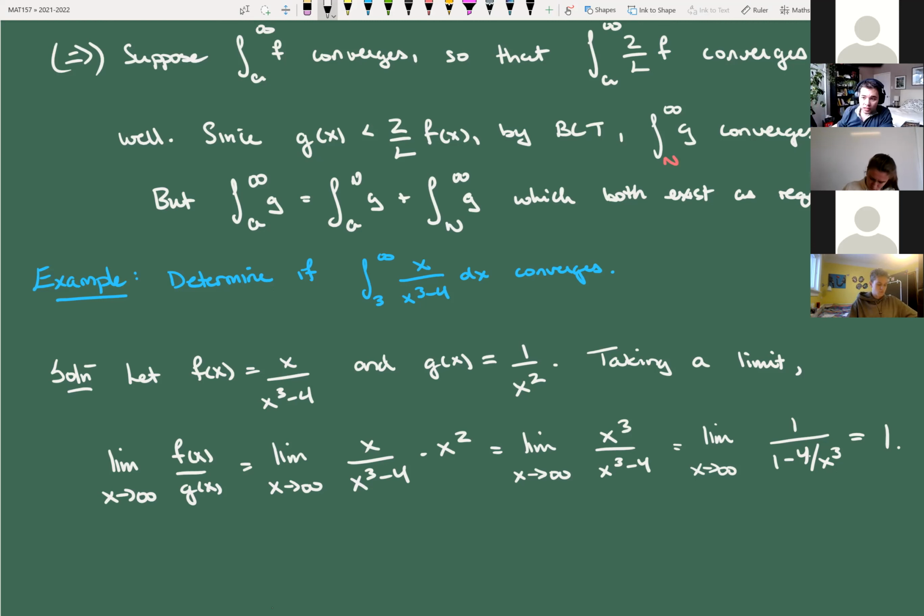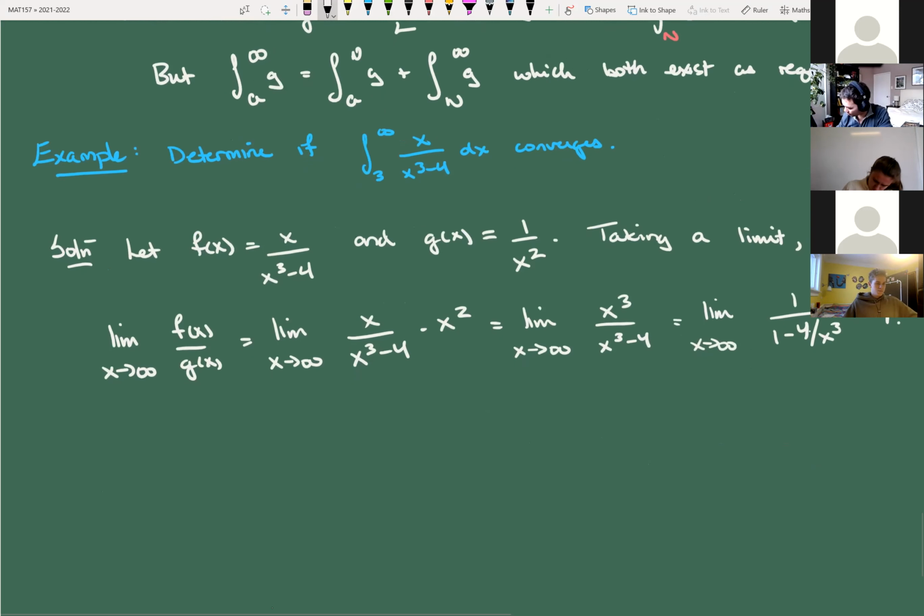Either way, we get this finite limit here, so therefore we can apply the limit comparison test. So f converges if and only if g converges. We know g converges by the p-test, therefore f converges, right? So thus, the LCT applies.